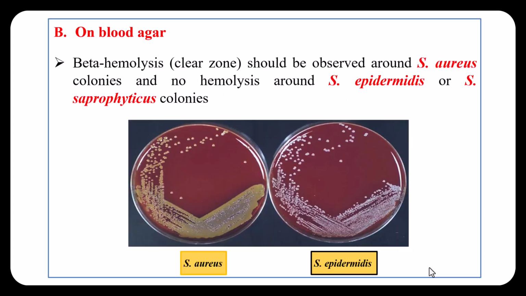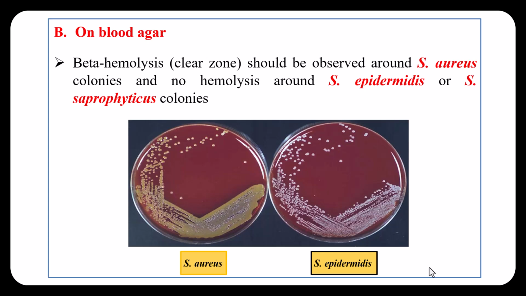On blood agar, Staph aureus produces beta hemolysis. There are three types of hemolysis: alpha, beta, and gamma. Staph aureus produces beta hemolysis with a clear zone around the colony, while Staph epidermidis and saprophyticus are non-hemolytic.